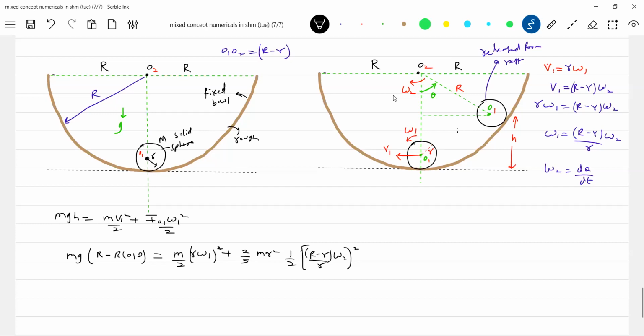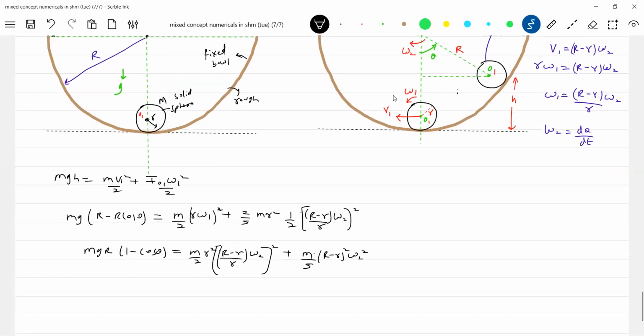Either let it be. Okay, next one more step. R(1 minus cos theta) is equal to m by 5. So r square here also gets cancelled. So altogether the resultant will be 1 minus cos theta.